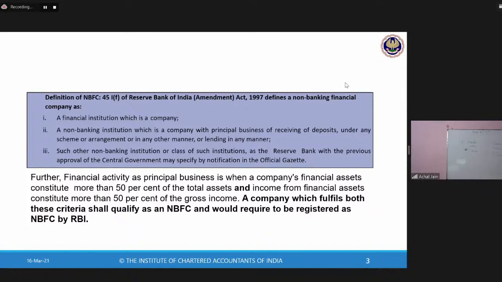In such a case, such an entity will be considered an NBFC. Both these criteria are required to be fulfilled. If both are fulfilled, then this entity will be an NBFC in relation to the business it conducts.